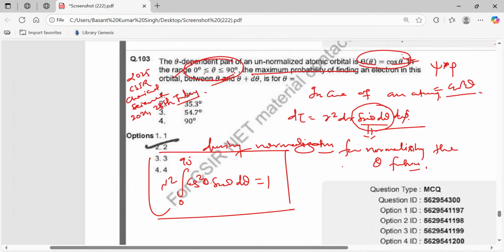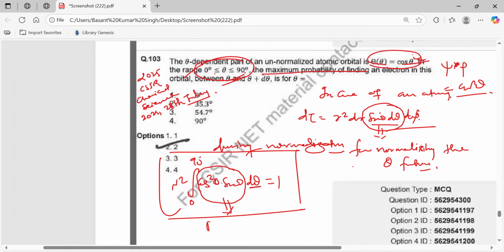Now, for any normalization, the integrand except the differential variable is called the probability distribution function.